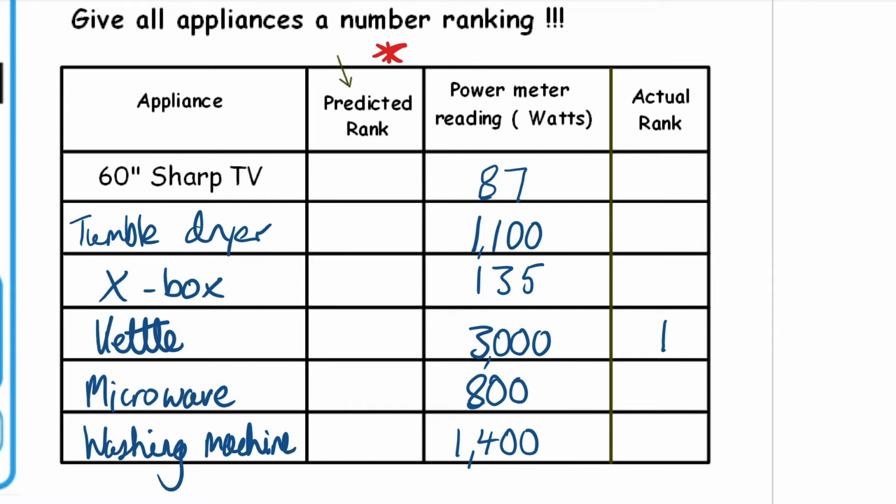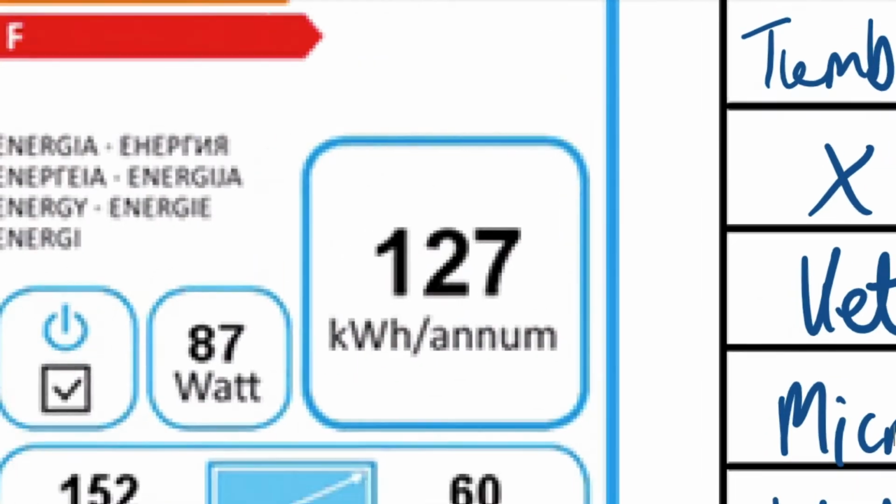The lowest one in this instance is the Xbox at 135 watts, and then working our way from top to bottom, or highest to lowest, I should say: washing machine is second, tumble dryer third, microwave fourth. Oh, I've got the Xbox wrong there, haven't I? That's fifth. And the TV is sixth, 87 watts. Okay, and that 87 watts is taken from here.